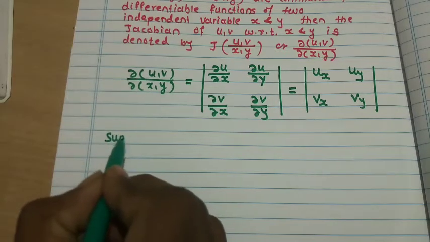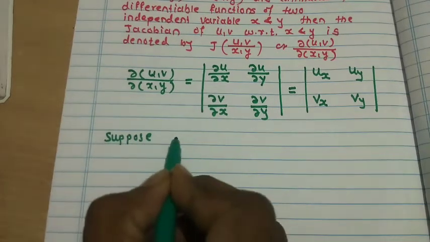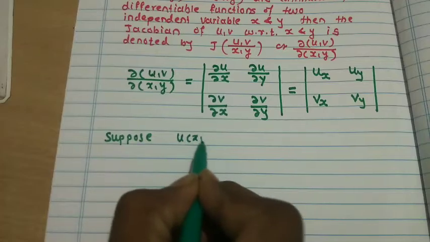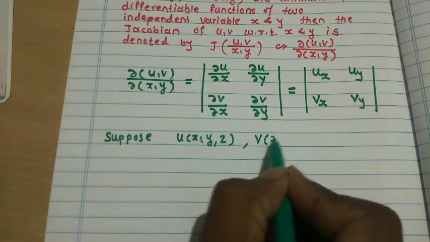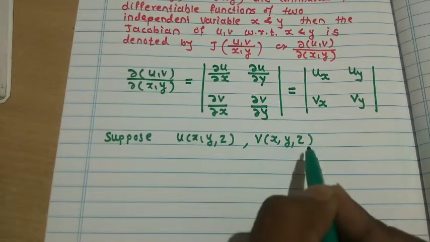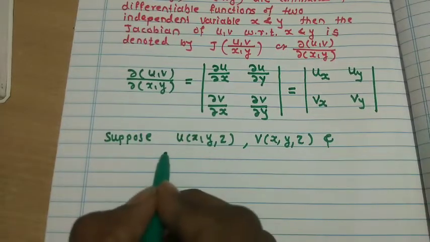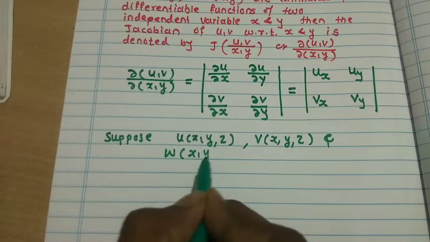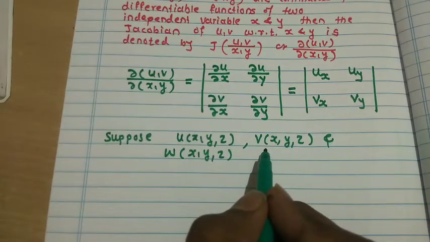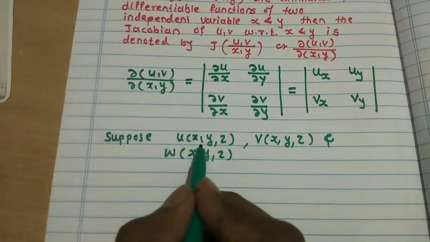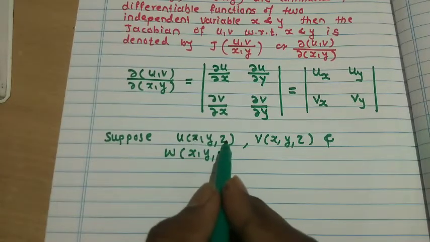If we have three functions which depend on three independent variables, then we have Jacobian. Suppose u of x comma y comma z, v of x comma y comma z, and w of x comma y comma z are continuous and differentiable functions of three independent variables x, y, z.